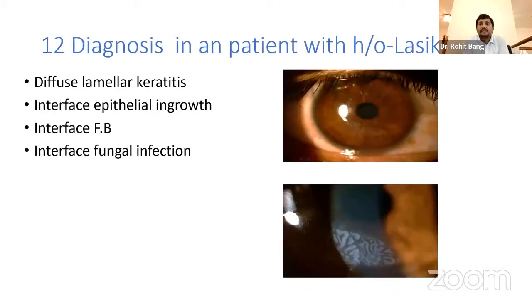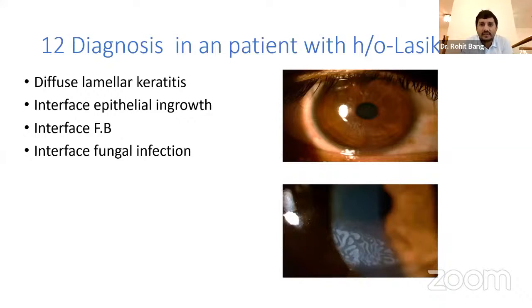So again, in a patient, there's a slit lamp photograph. What is the diagnosis? In a patient who gives a history of LASIK, which has been done maybe 1 year back, whether it's a diffuse lamellar keratitis or DLK, whether it's an interface epithelial ingrowth, whether it's an interface foreign body, or whether it's interface fungal keratitis.